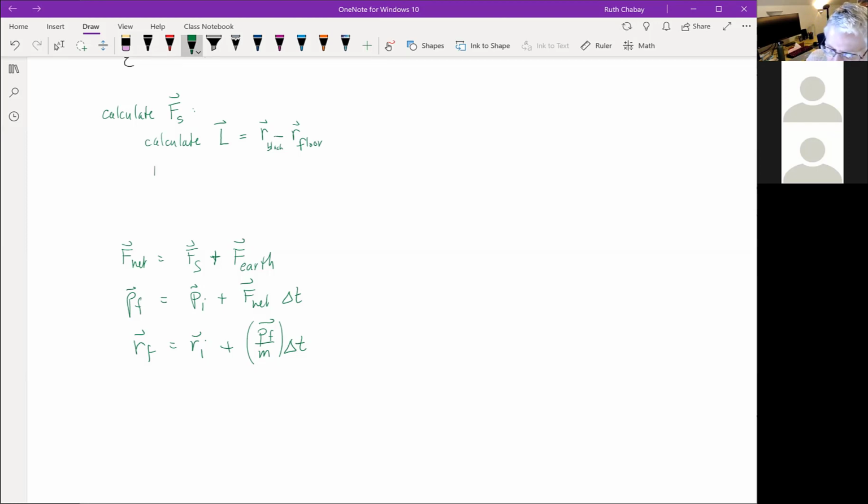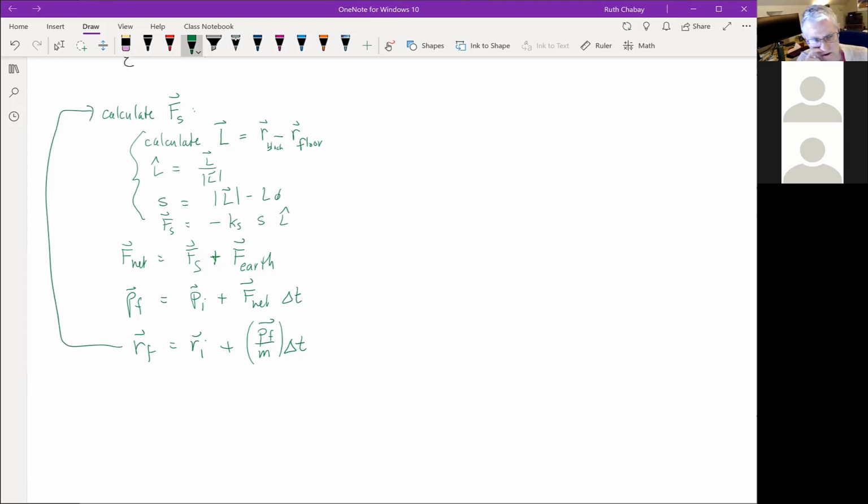And then we get L hat, which is just L over the magnitude of L. The stretch is the magnitude of this vector L minus L0, the relaxed length, and the spring force is minus K sub S times L hat. So that all goes in there.